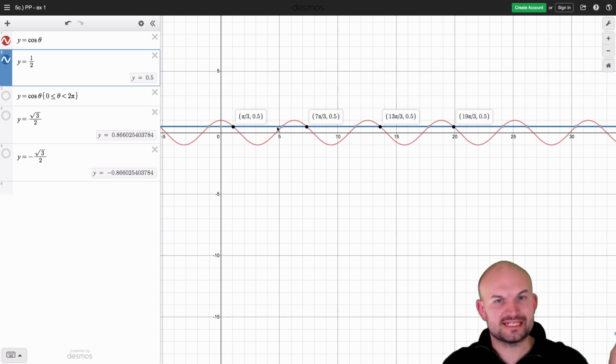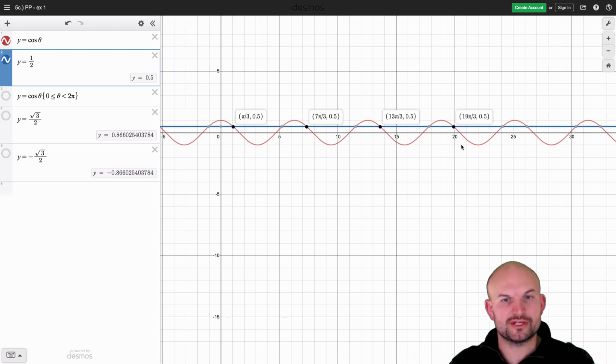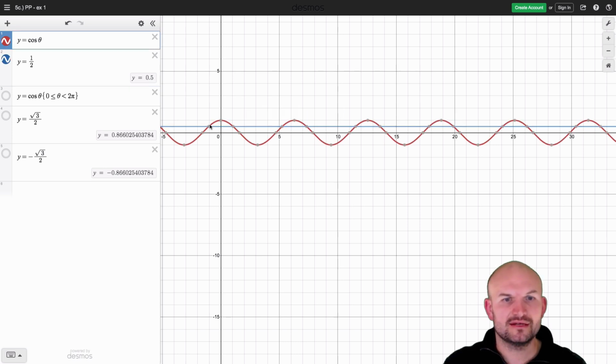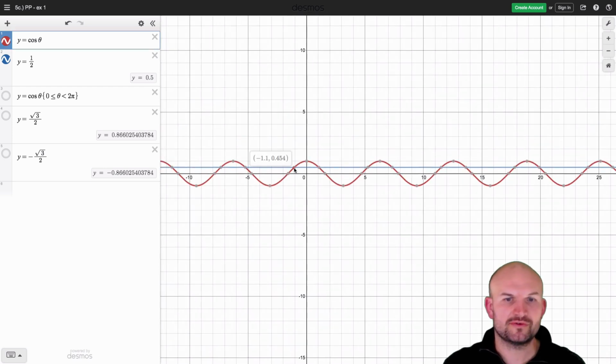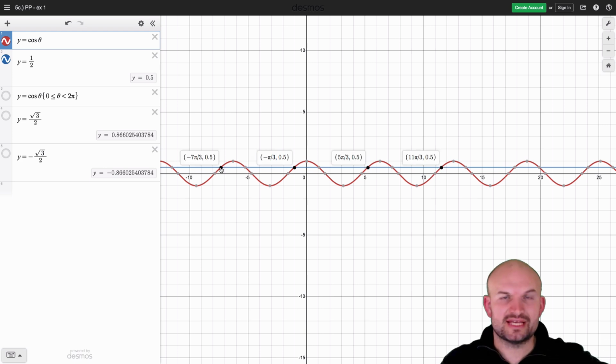So if I keep on adding 6 pi over 3, I'm going to keep on getting to a solution. And what is 6 pi over 3 again? It's 2 pi. And you can do the exact same thing for all the solutions to the left. These are all 6 pi over 3 away from each other. You could even go to the left, right? So that's why we use n to represent that as an integer. So now let's go and look at the next solution.